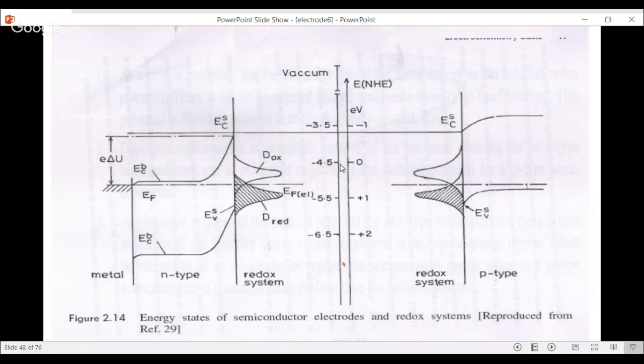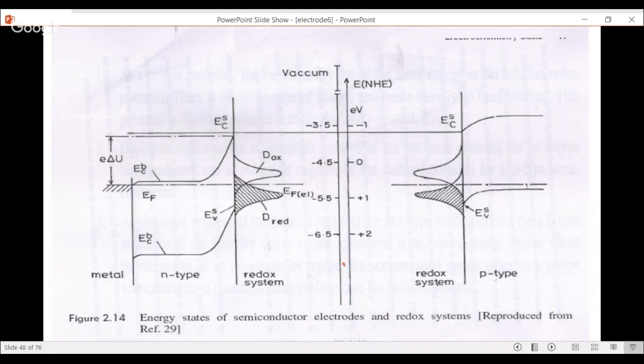Approximately, it is not exactly true, but approximately zero potential in the electrochemical scale corresponds to minus 4.5 electron volt in the absolute scale. So let us assume that we are able to convert the absolute scale into the electrochemical scale or vice versa.